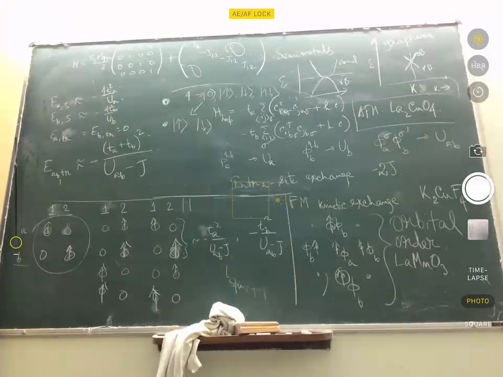And that low energy physics actually involves interaction between spins on neighboring sites. So it is this low energy effective spin model that I'm studying now. You have to understand that it gives some aspect of the physics of the full Hubbard model, but not all the physics.